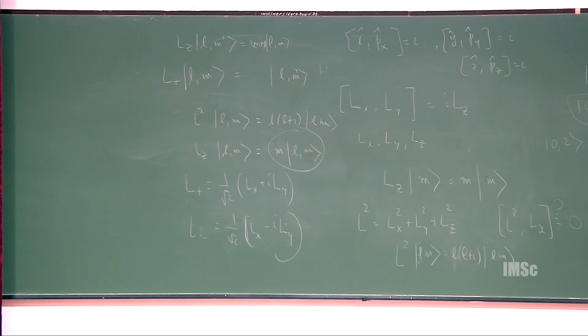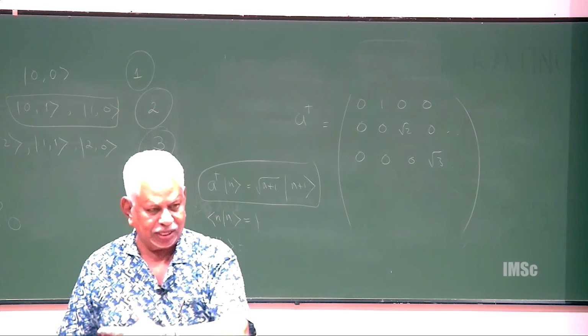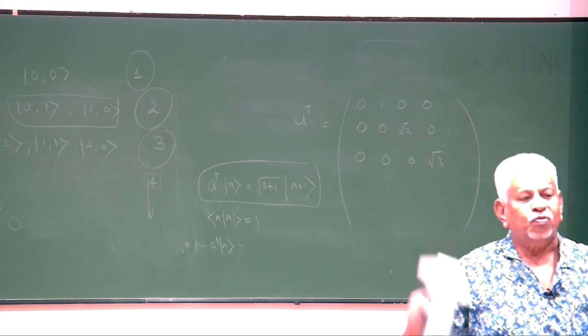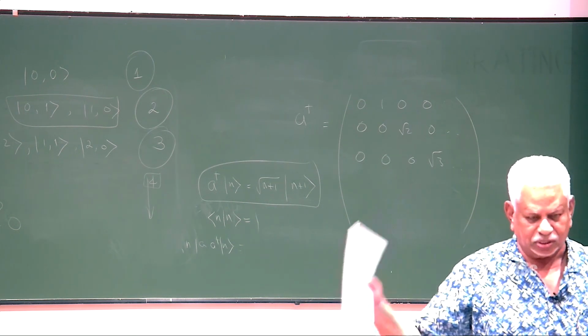All the matrices which you have now, L plus, L minus and Lz, or Lx, Ly, Lz. These 3 operators are finite dimensional matrices.